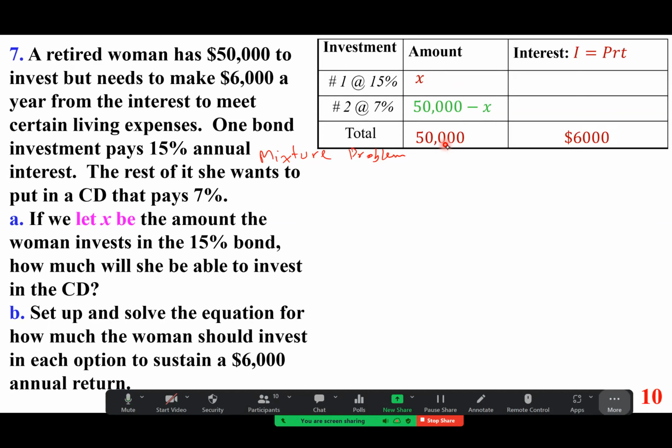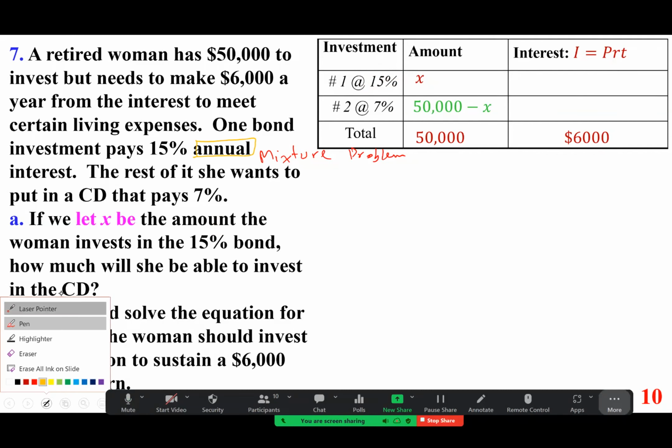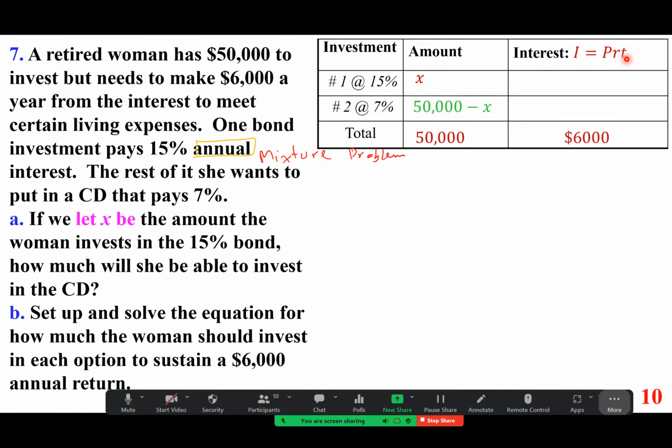Then what comes next is the next column. How much are we going to make here? We're going to make P, the principal, the amount of money we have, X, times R, which is 0.15, times T. And this is annually, so it refers to 1 year. Therefore, T is 1. So it's the product of these two times 1.